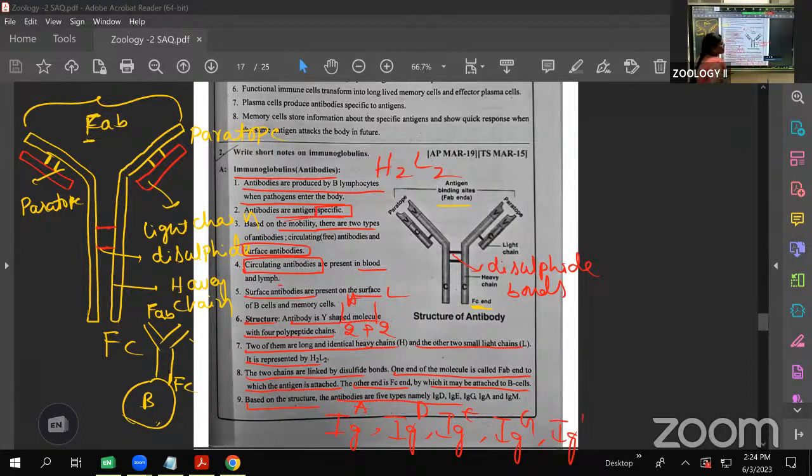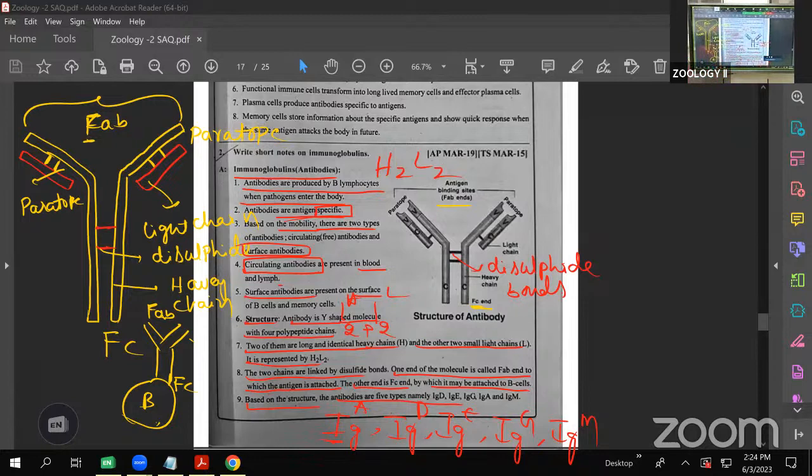Like this, antibodies are majorly of five types depending upon the structure, and depending upon the mobility, two types: circulating and surface. Depending upon the structure, there are five types: IgA, IgD, IgE, IgG, and IgM.